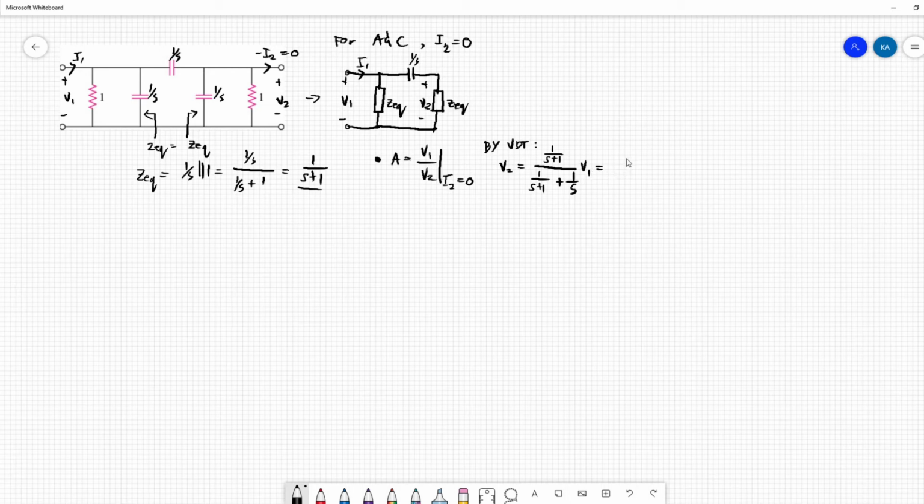So we have S over 2S plus 1. So our V1 over V2, equal to A, is 2S plus 1 over S.